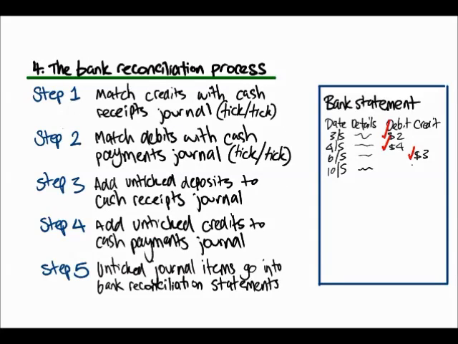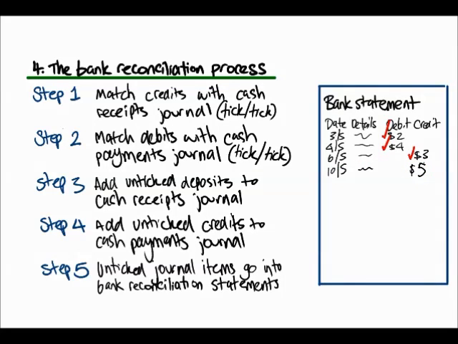Let's say you've got a credit of $5 that's come in. So that one you found has not appeared on your cash receipts journal. So what you need to do is take that one for $5 and add it to the bottom of your cash receipts journal. So for this transaction here, you then go and add that onto the bottom of your journal.